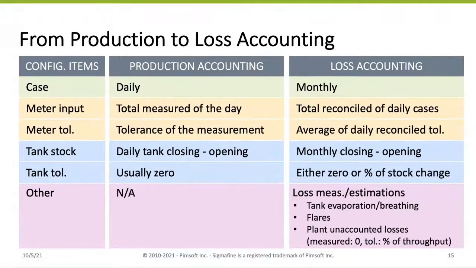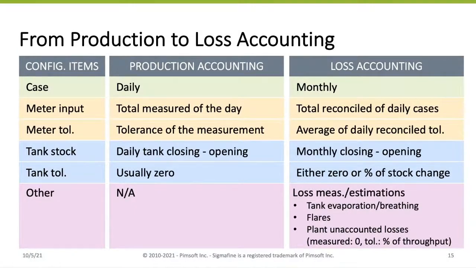So we can start with the reconciled tolerance of the daily cases and average them over the month. Regarding the tank stocks, again, instead of taking the opening and the closing at the start and end of the day, we need to do the same at the start and at the end of the month.